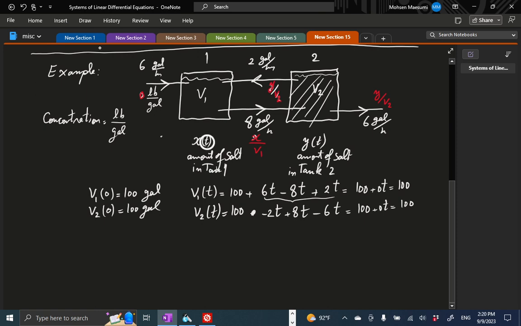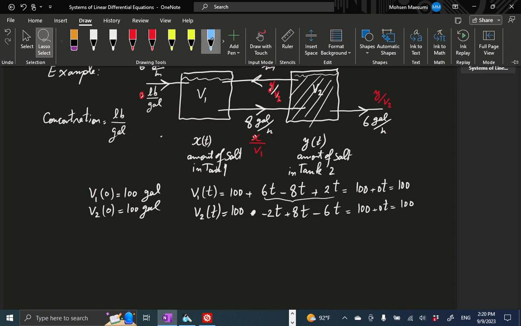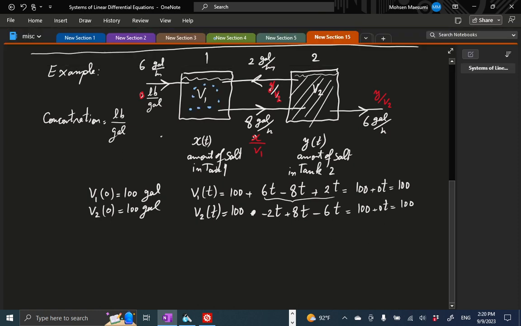Well, how about the amount of salt? Is that changing? You bet it is. You are mixing these two and pouring in some fresh water, so things could easily change. To keep the problem going, we are going to assume the amount of salt in each tank at time 0. So that's going to be our initial data.